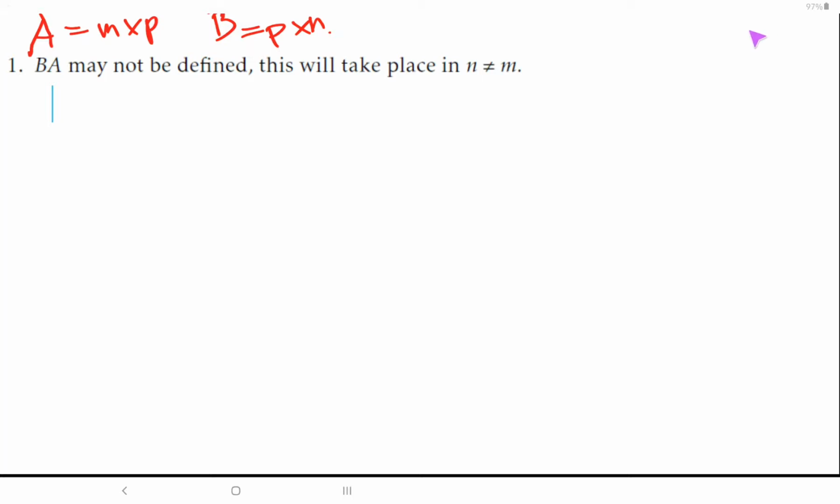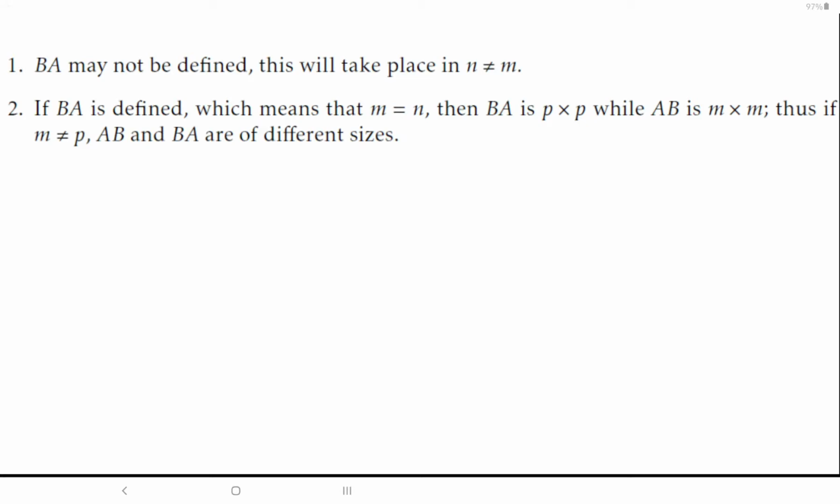But, if AB exists, this does not mean that BA may exist. Yeah, this will take place when N is not equal to M. So, just because AB exists does not mean we can get BA. This is not like our normal multiplication, right?